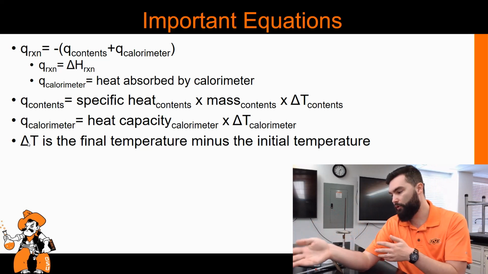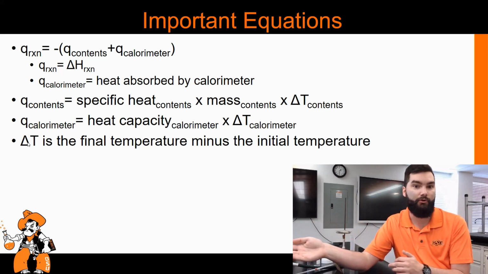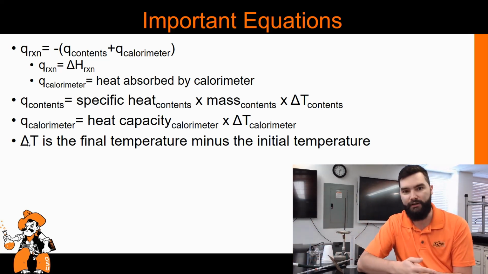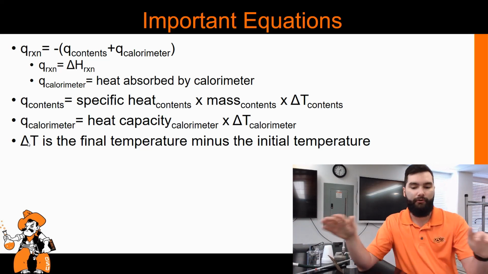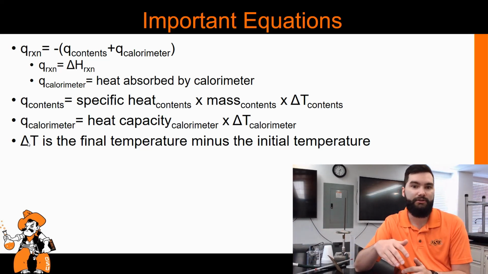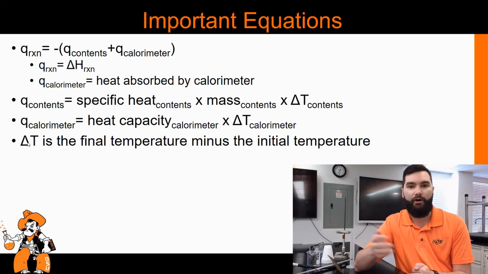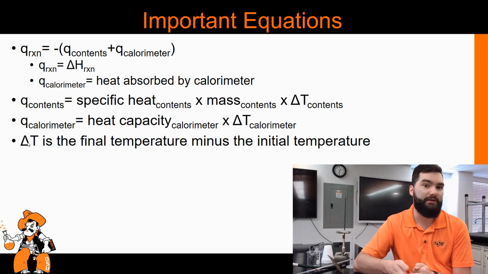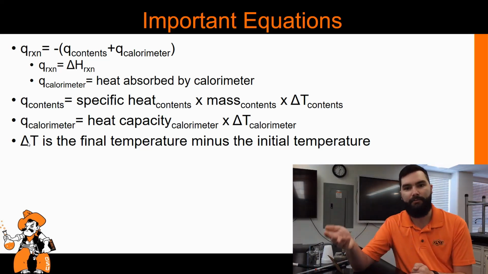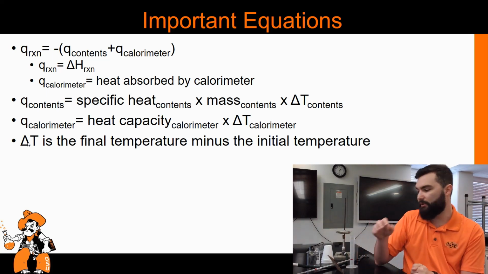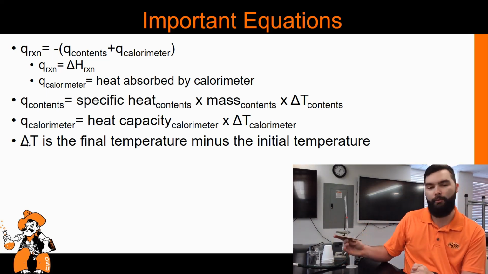We won't record the mass of the contents; we will actually record the volume of the contents, which for the rest of this experiment we can assume has a density of 1 gram per milliliter. So whatever volume you weigh out in milliliters, that is the mass in grams of your contents.